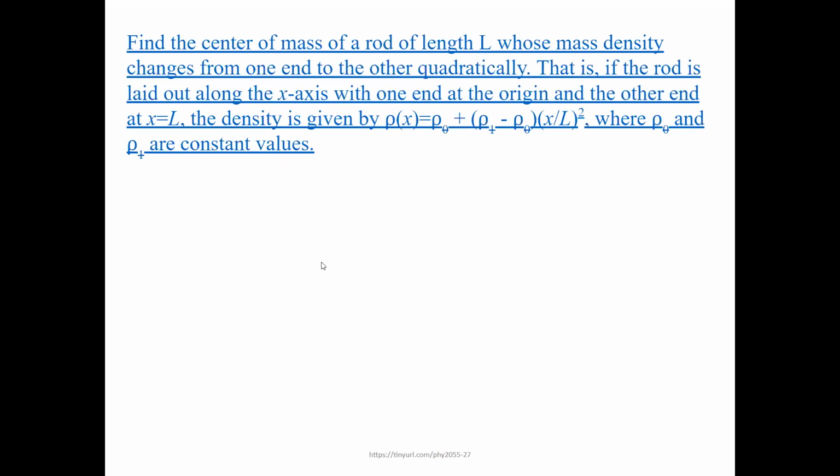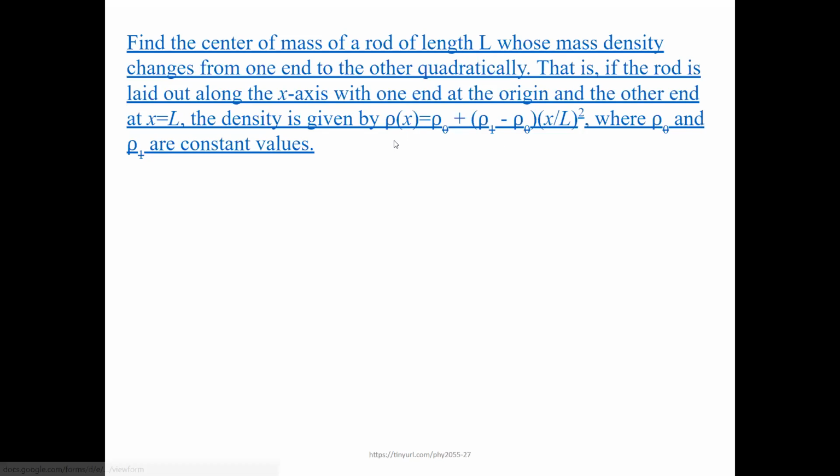And so this one says if you have a rod of length L where the mass density changes from one end to the other end quadratically, okay? In other words, if the rod is laid out along the x-axis with one end at the origin and the other end at x equal to the length L, the density is given by this equation over here.